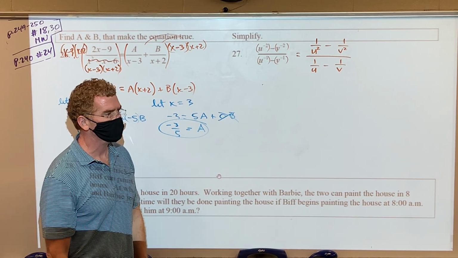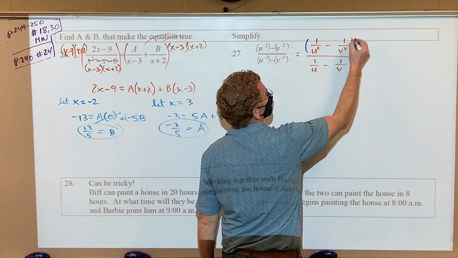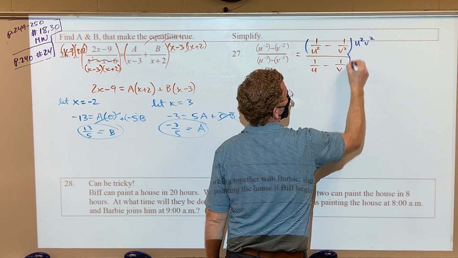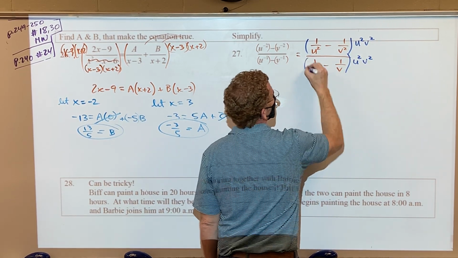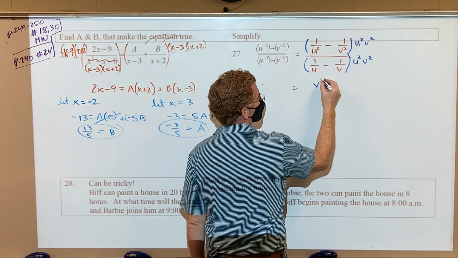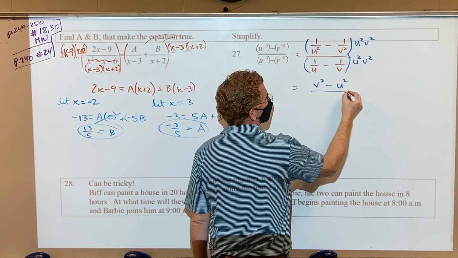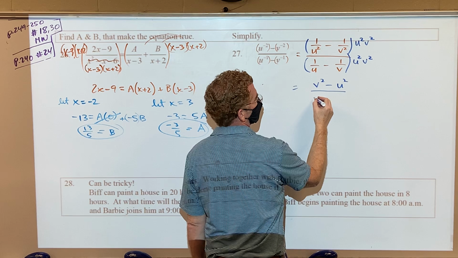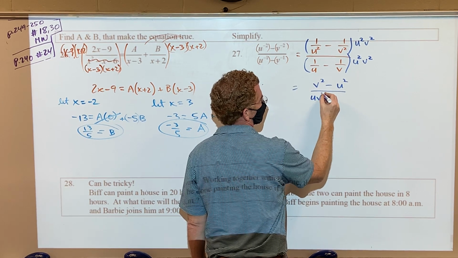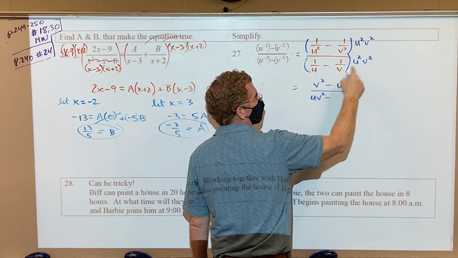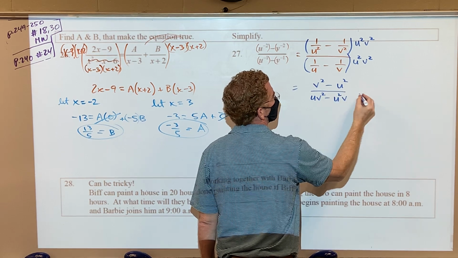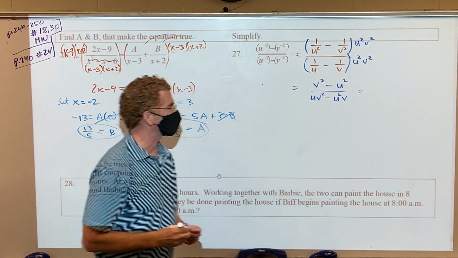U squared, v squared? And look how nicely this changes everything real quickly. When I distribute it in, I get v squared minus u squared. When I distribute that in, I get 1u cancels, so uv squared minus 1v cancels u squared v. And is there anything I can do at that point to simplify?